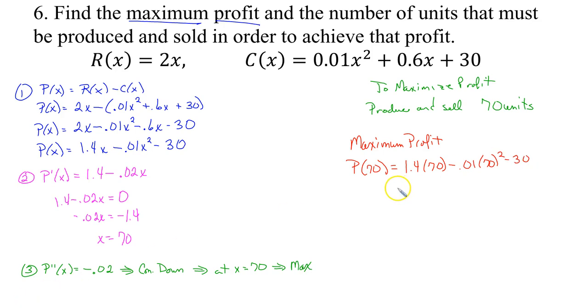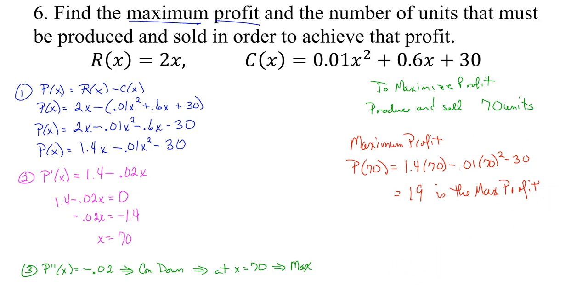And you may be thinking you've done this incorrectly, but it turns out to be 19. Now, once again, these are kind of contrived numbers, because $19, but it could be $19,000, it could be 19 million, we could be talking in whatever kind of units we happen to have. So, but 19 is the maximum profit, and that is obtained when 70 units are produced and sold.